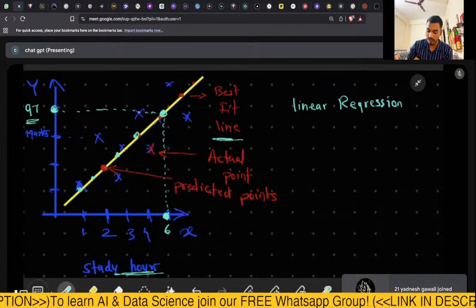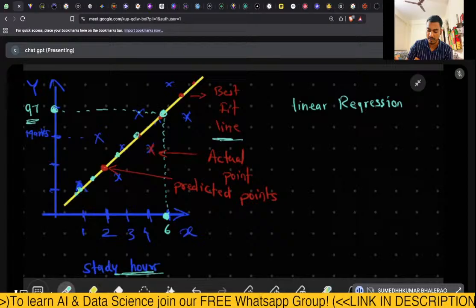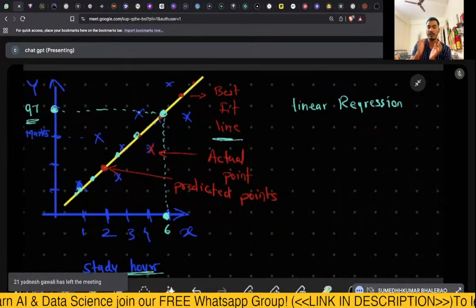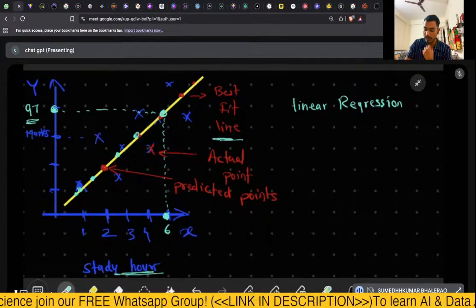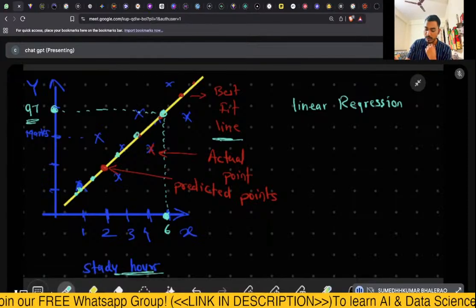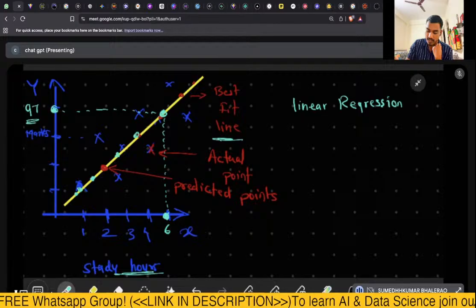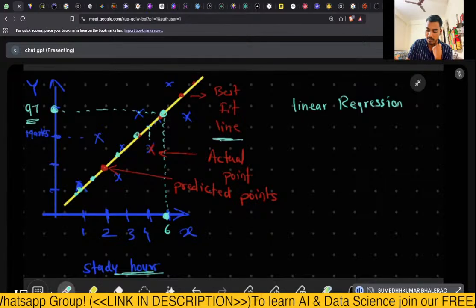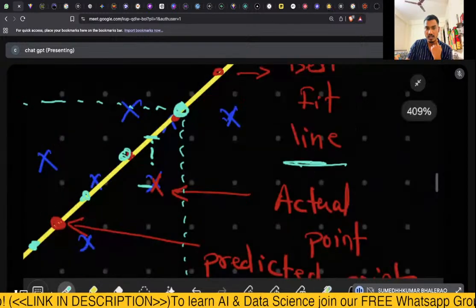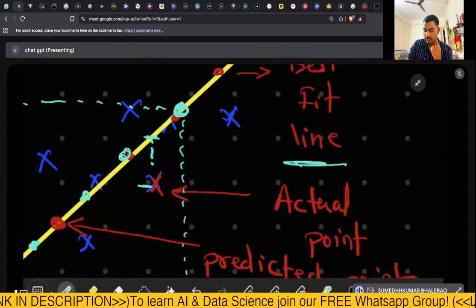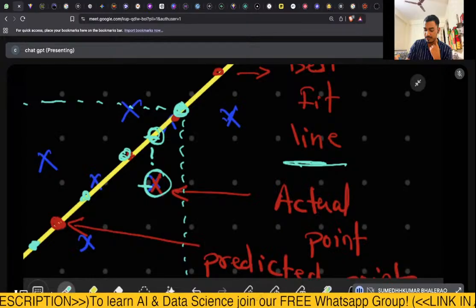Whatever points we have on the line are predicted points, and whatever points are here are actual points. You can see there is some distance between actual points and predicted points.